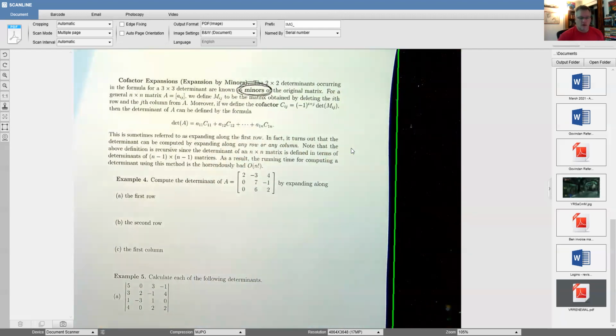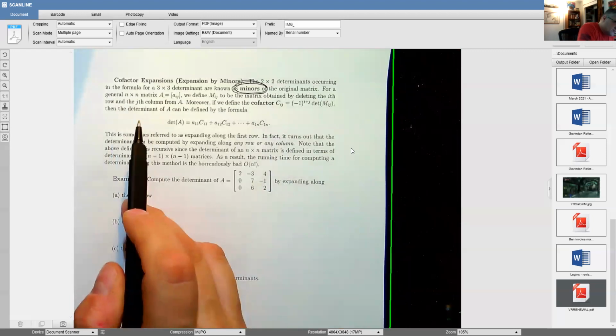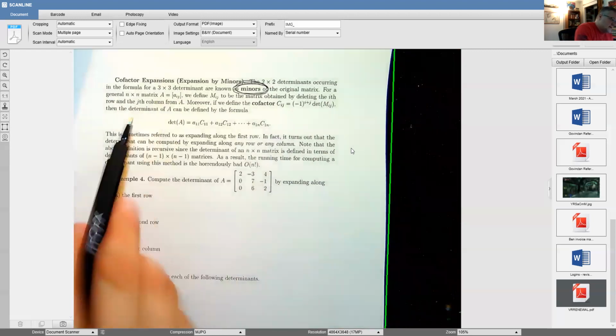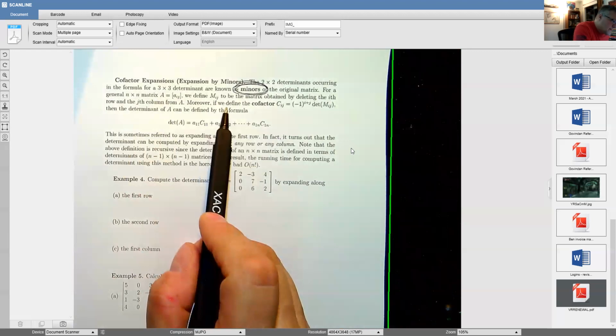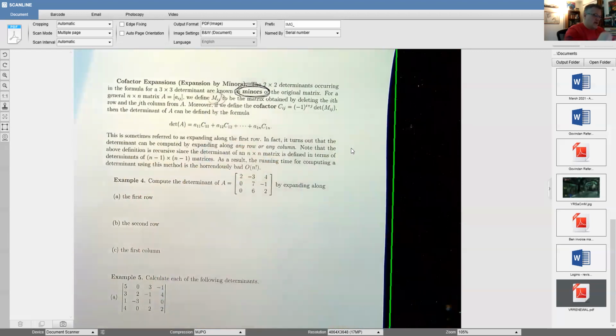They're smaller, they're minors of the original matrix. All right, and then for a general n by n matrix, you're defining a new matrix, right? So remember how we said we're throwing out the row and the column containing the number that we used in that top row.